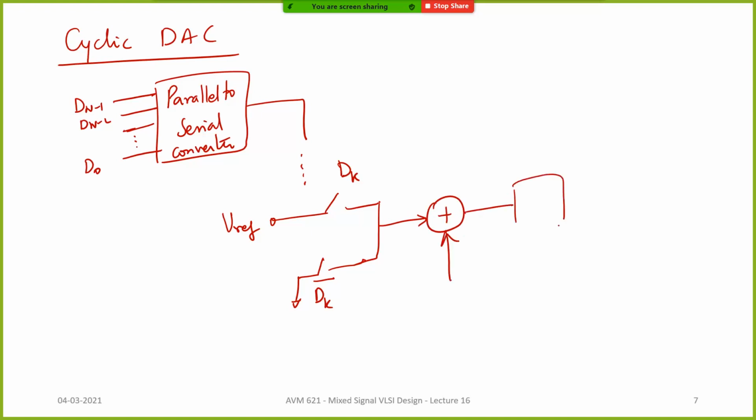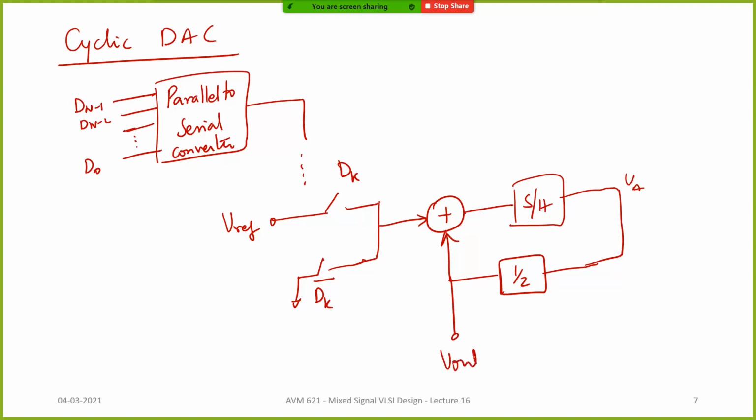Here you have one more sample and hold, and you take this, divide it by 2, and then add. Let's say VA. Let's go through its operation. Let's say initially the Vout is here, and initially it is all 0.